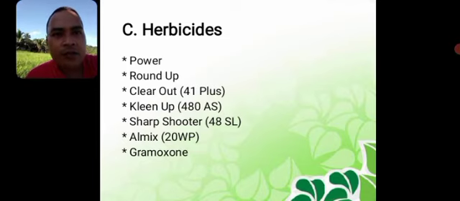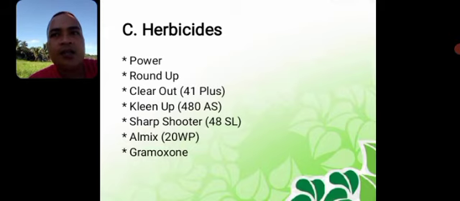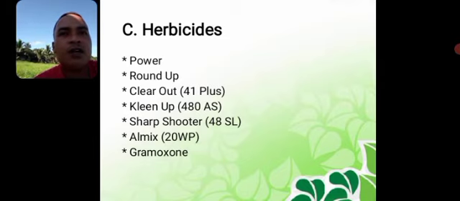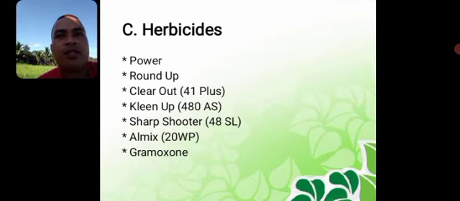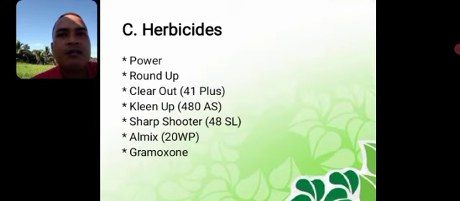Next is Clear Out, or 41 Plus. Clear Out 41 Plus is a non-selective, non-residual herbicide containing 360 grams per liter of glyphosate as isopropylamine salt, formulated as a water-soluble liquid. Next is Cleanup, or 480AS. It is designed for systemic control over a wide variety of weeds and grasses.